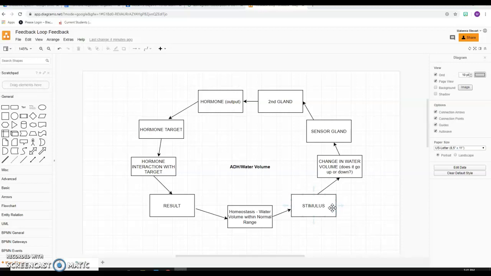So it needs to be a stimulus that affects water volume. So after the stimulus occurs, you need to indicate, how does water volume change? Does it go up or does it go down? Does it increase or decrease?